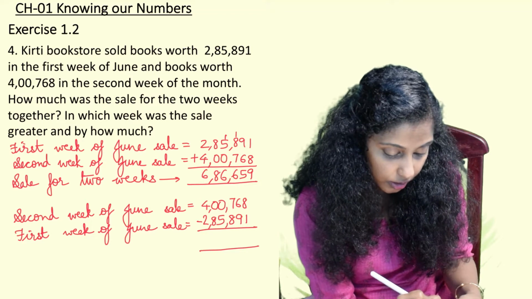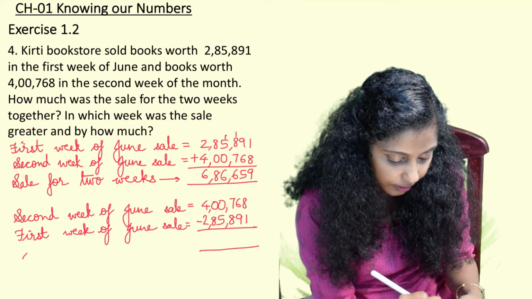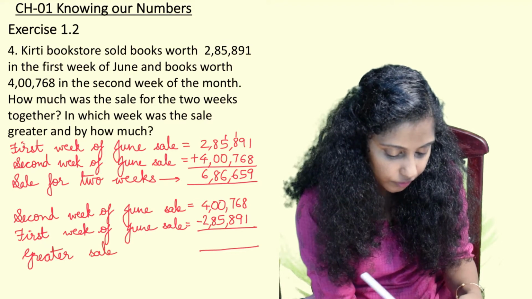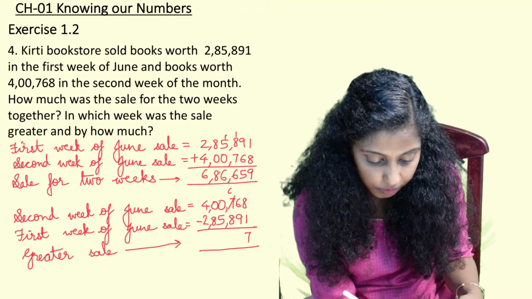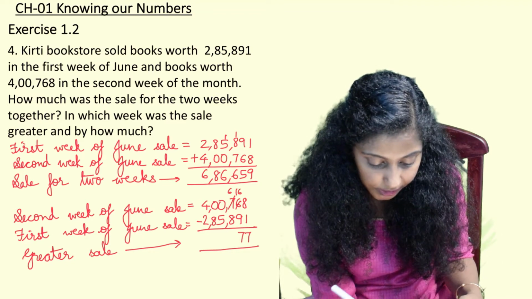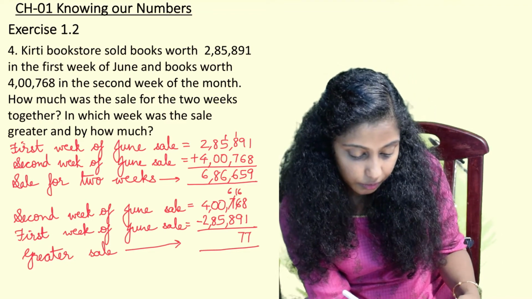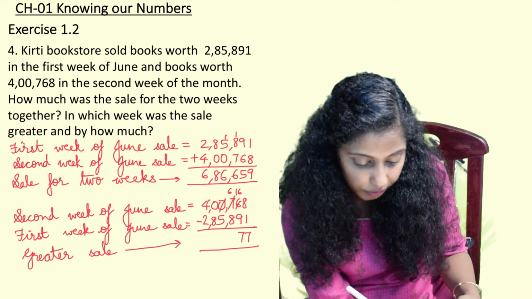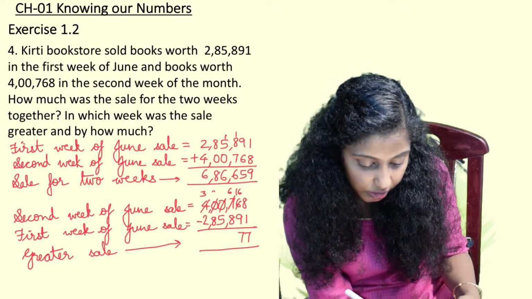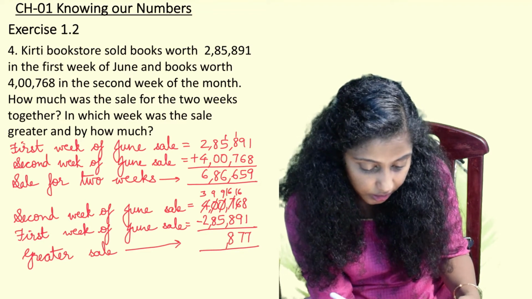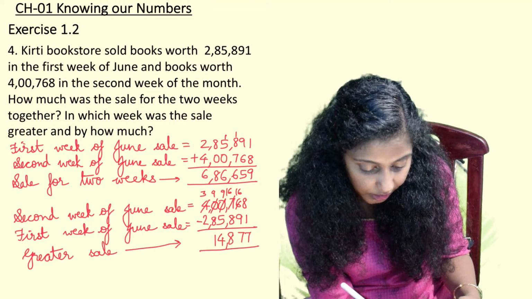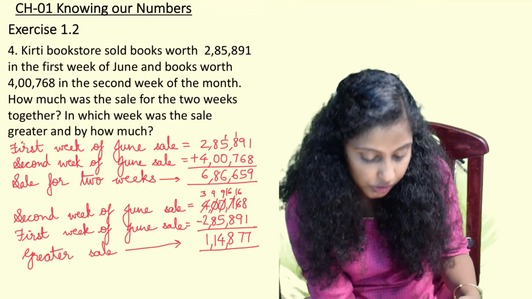So this is greater sale, or we say more sale. 8 minus 1 is 7, 6 minus 9 we can't do, this becomes 6, this becomes 16 minus 9, 7, 6 minus 8 we can't do, so we borrow from here, this becomes 3, this becomes 9, and this becomes 9, it has to give here 1, 16 minus 8 is 8, 9 minus 5 is 4, 9 minus 8 is 1, and 3 minus 2 is 1.